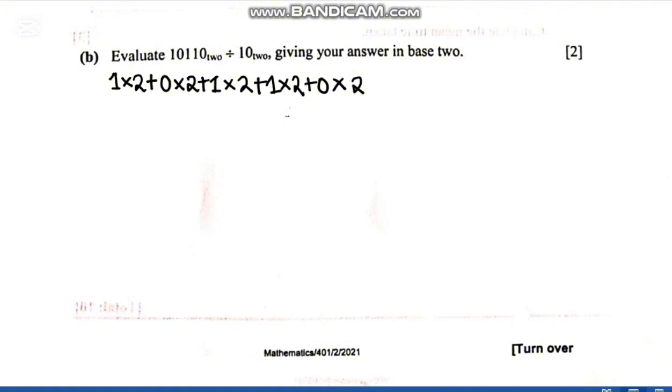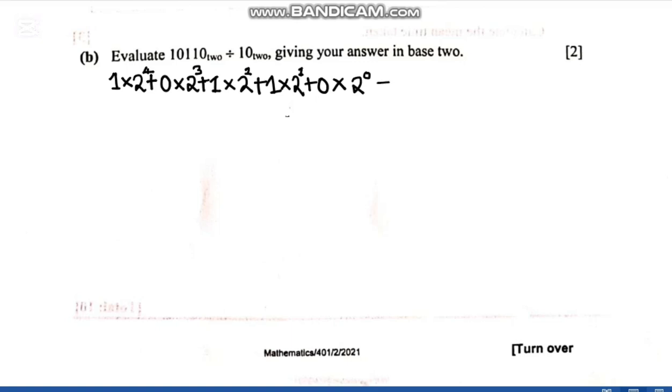Now for these 2s, from right to left, we start with power 0, and then the next 2 has power 1. Then after that one, power 2, then the next one has power 3, and the last one has power 4.